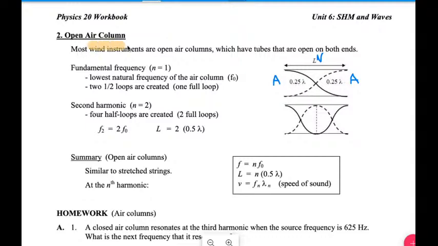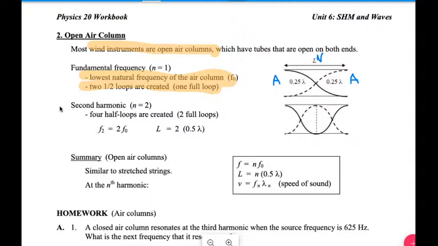So this is most wind instruments, tubes open at both ends. Even if they're not fully open, they'll still have a slit for the air to come out at both ends. So the fundamental frequency is the lowest natural frequency of the air column again, and we're creating two half loops equating to one full loop. Don't get this idea of loops and wavelengths confused, because still here we only have half a wavelength.